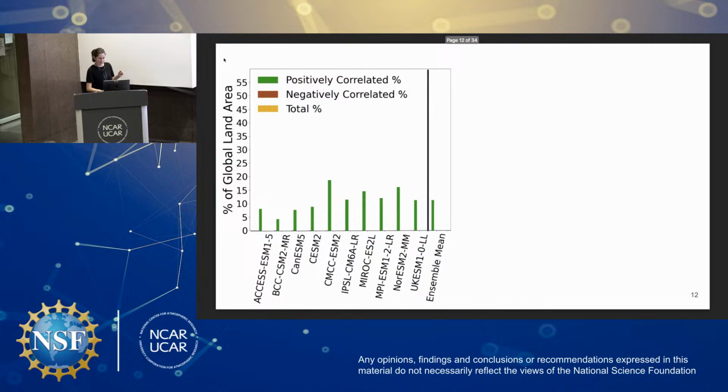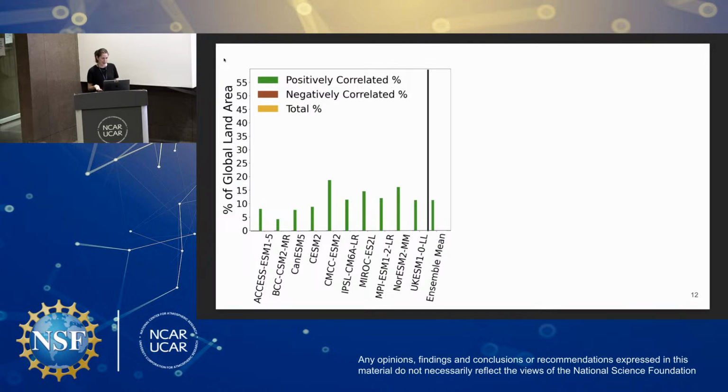So how do we get into then quantifying those spatial plots? One pretty standard way of doing that is looking at the percent of land area being impacted. So I have that here broken out by model, and then there's an ensemble mean along the right side. So just to start off, this is just the land area exhibiting some positive correlation or enhancement of GPP associated with El Nino.